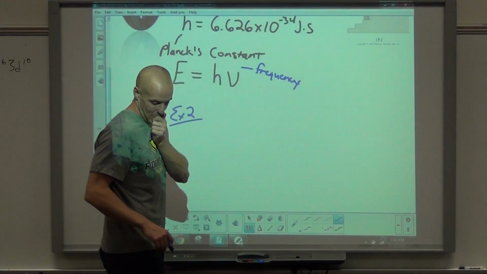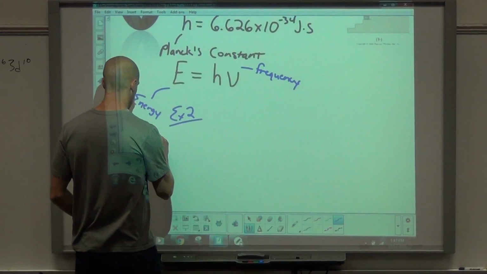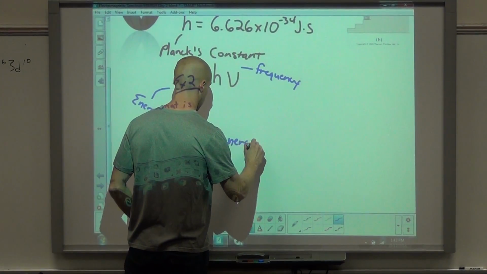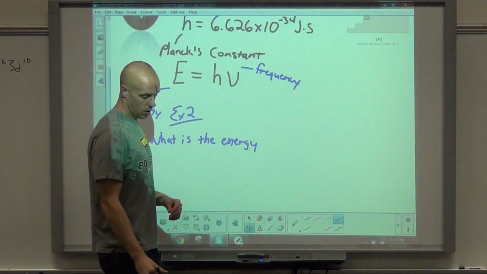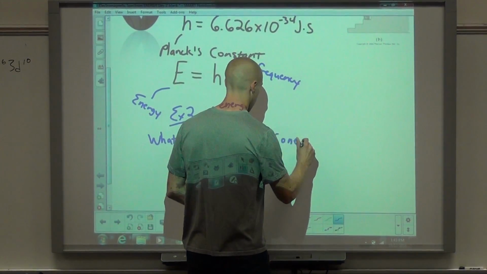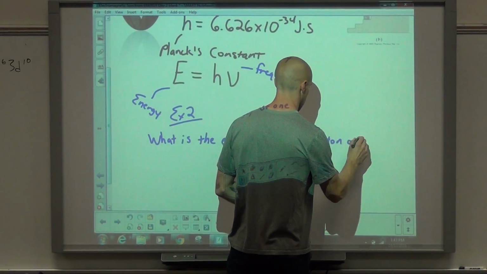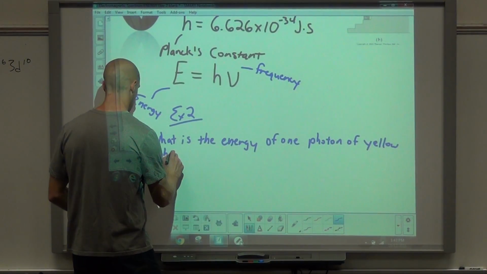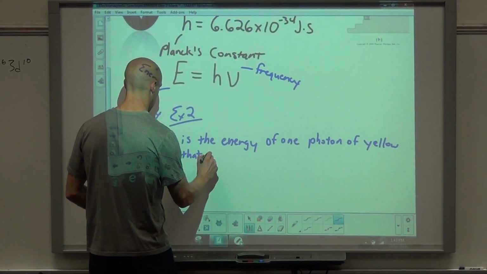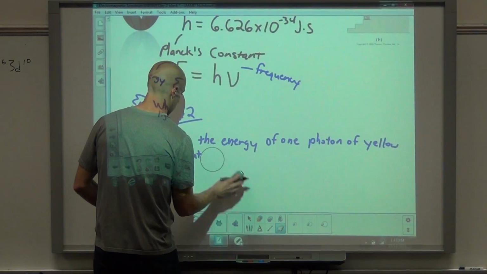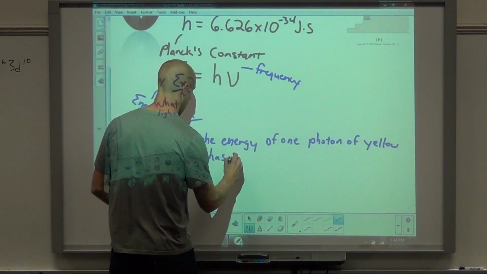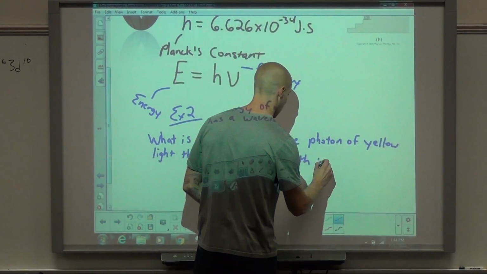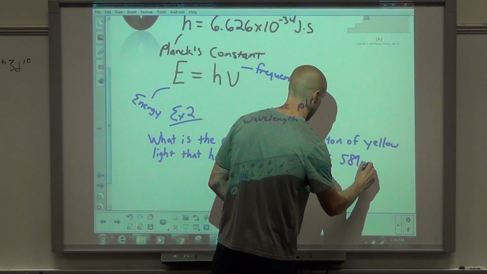I want to know, what is the energy of one photon of yellow light that has a wavelength of 589 nanometers?